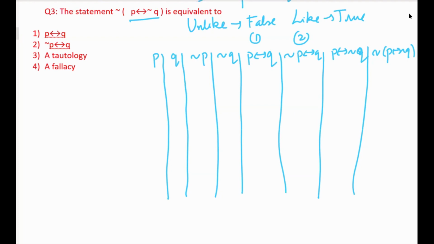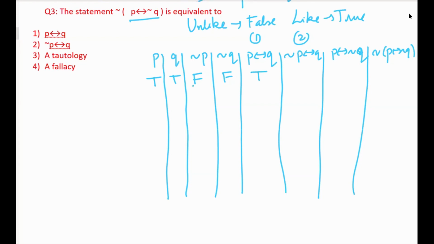Now first I take T, T: P has truth value true, Q has true. If P is true, then negation P is false. If Q is true, negation Q is false. And as all of you know, true if and only if true is a like case, so the answer is true.